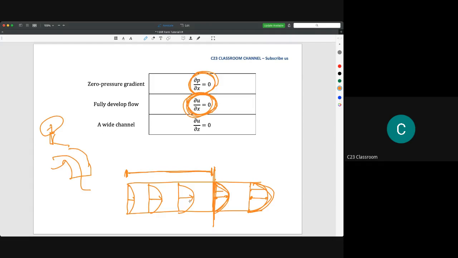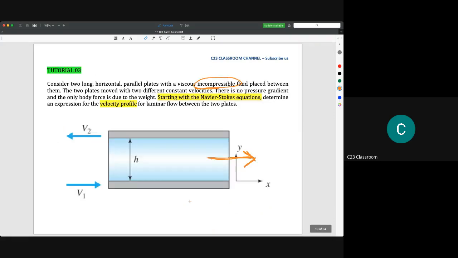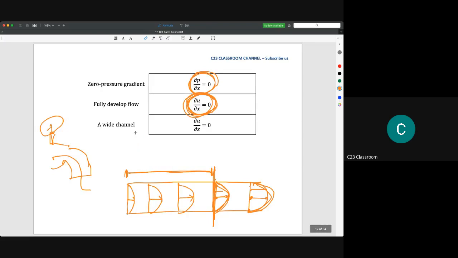Okay, kemudian di dalam soalan dinyatakan ia adalah wide channel. Ada ke? Okay, mungkin tidak dinyatakan. Kita boleh beranggapan bahawa kerana di dalam soalan ini tidak diberikan nilai lebar sesuatu plate ini, oleh itu kita beranggapan bahawa lebar tersebut adalah terlalu besar untuk kita kira.